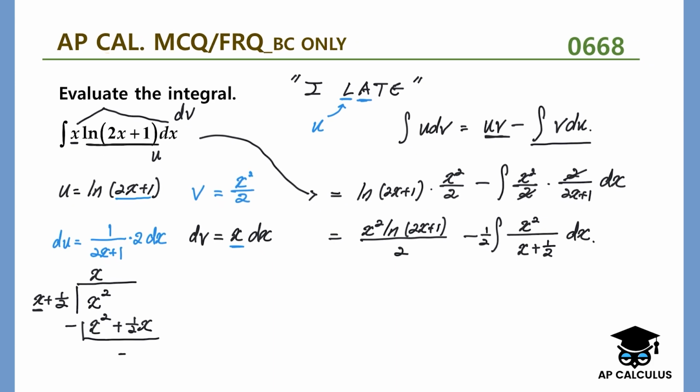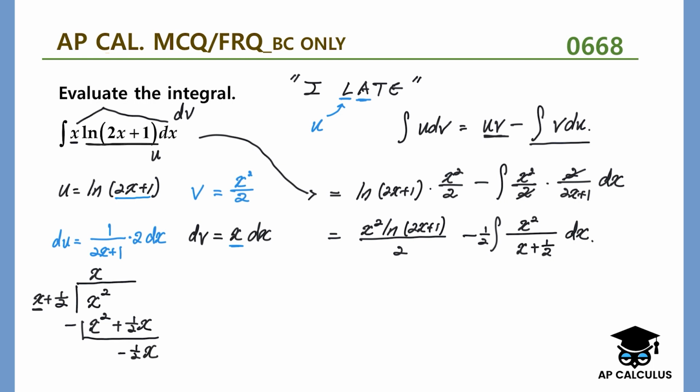We have a negative 1 over 2x here. And x times what gives us negative 1/2 x? That's minus half, right? So x times negative 1/2, that's negative 1/2 x. 1/2 times negative 1/2, that's negative 1/4. Subtract it. So that gives us positive 1 over 4, right? So remainder is positive 1 over 4, right?